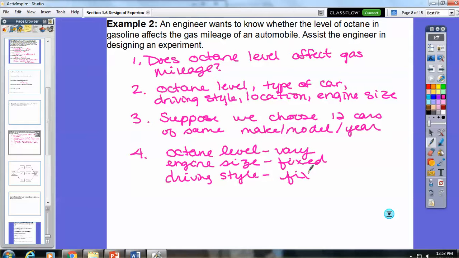Your level of road rage. So we would need to fix this in some way. Maybe having the same driver would work, or monitoring, or maybe taking them to a racetrack and saying, you are going to drive in this lane at this speed for this distance. So we could control that in some respects.